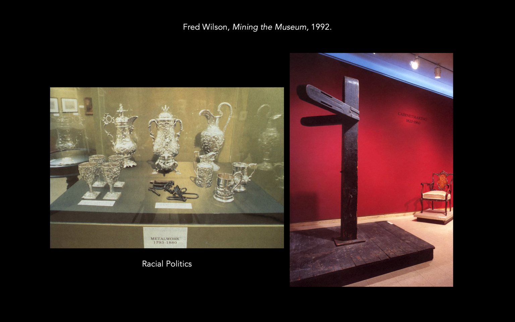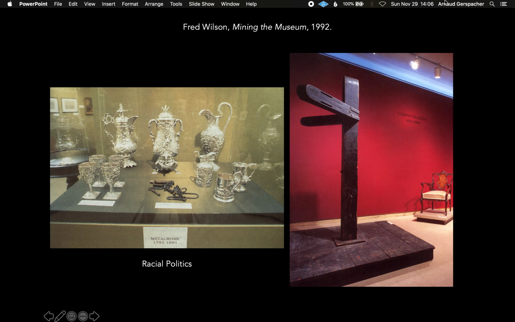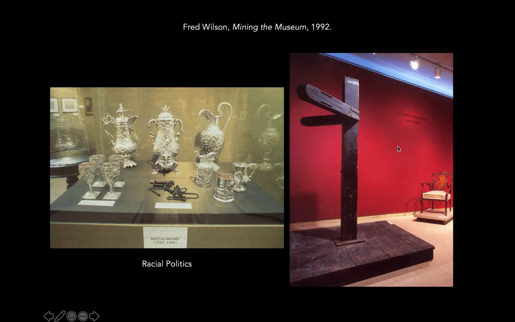So it's a very, very powerful work. Fred Wilson is a wonderful artist. And I think I'm going to leave it there, I'll leave it with 16 objects. And this is a good one to end on, because of course it's so timely.